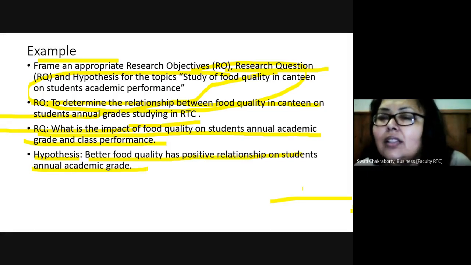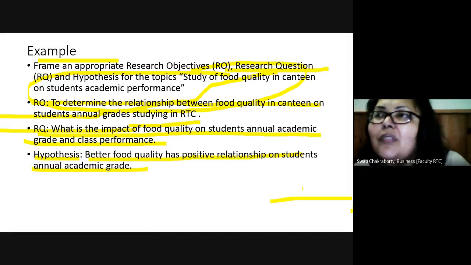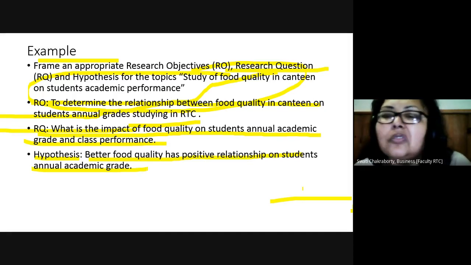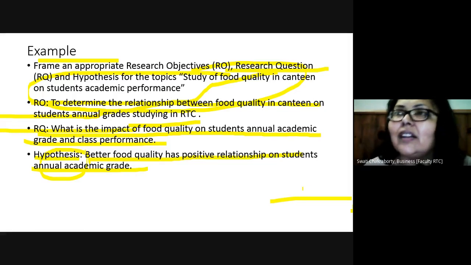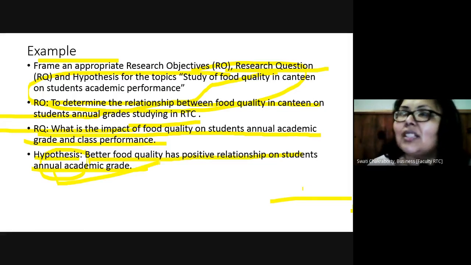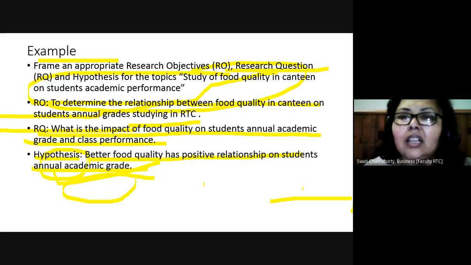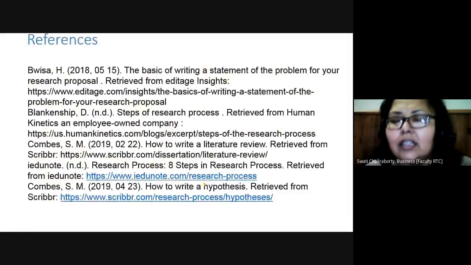If not, then what you have rejected, that better food quality has no effect on students' academic performance, is correct. You feel this hypothesis is your answer. So if this is correct, then your hypothesis is correct, what you've predicted. If not, then what you have rejected, that is the null hypothesis, is correct. So these are the references that we have.